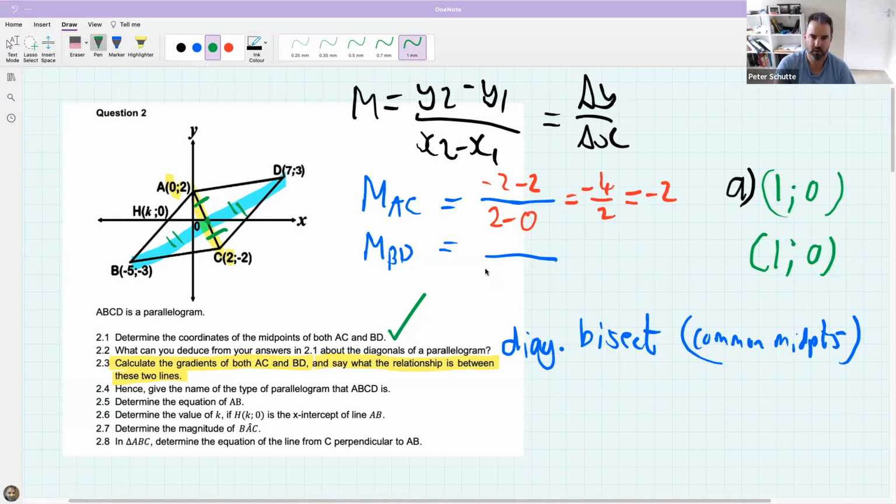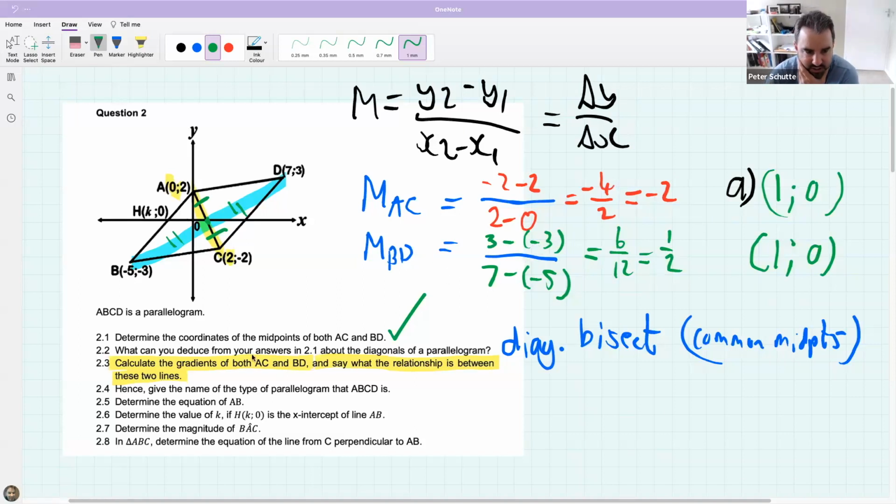So it is 7 minus -5. Now, if I start with D, I have to continue with this one. So I go 3 minus -3. Watch out for the double negatives because they actually give you 6/12, which is a half. Okay, so negative minus a minus is a plus.